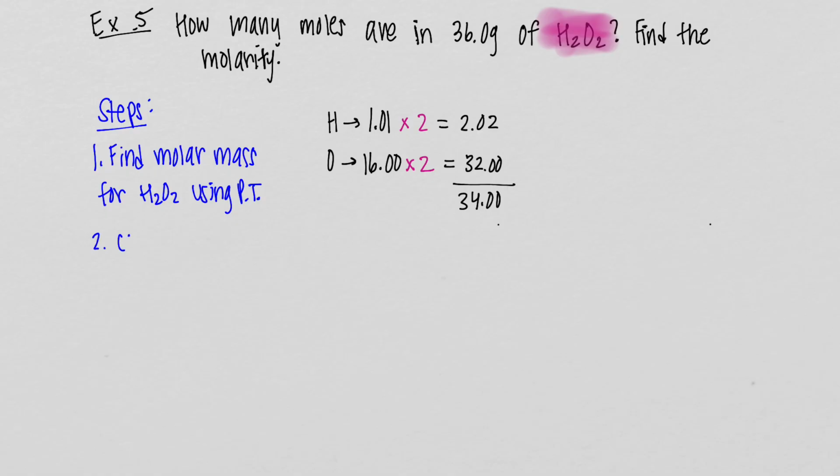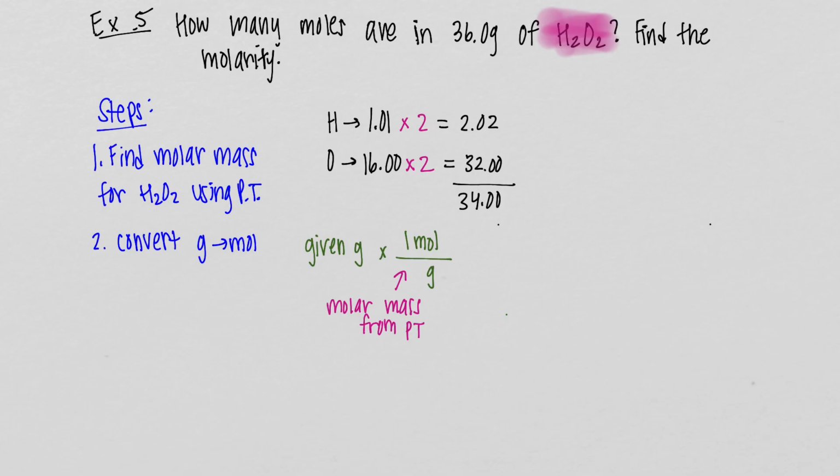Now what you're going to do is convert grams to moles. How are we going to do that? Remember, to convert grams to moles, you do given grams times 1 mole over the grams. This here is your molar mass from the periodic table. Okay, so if we were to plug this in, we do our given grams, which is this part right here.